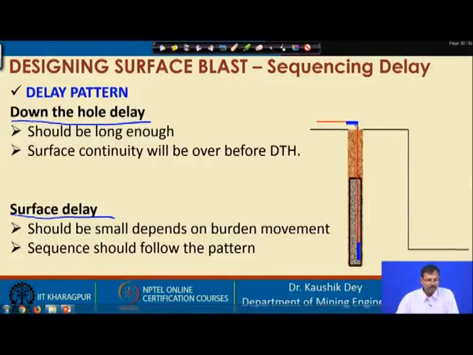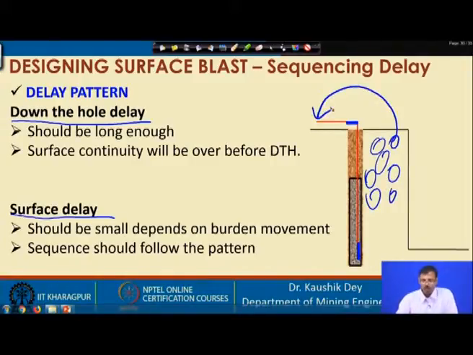In a multi-row, multi-hole blasting, if the total delay time is very high, say 500 millisecond, 1000 millisecond, 2000 millisecond, generally more than 1000 millisecond we try to avoid, but if it exceeds for a very large blast, then the fly rocks coming out from the rock blasted by the first hole may drop on the surface connection and cut it.